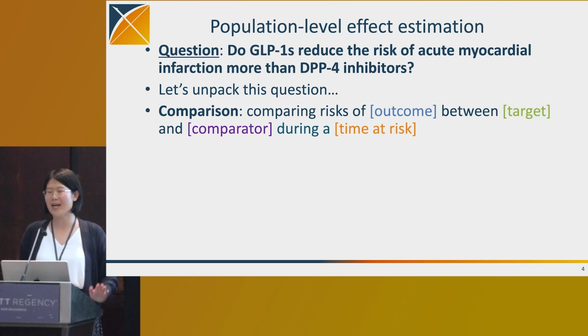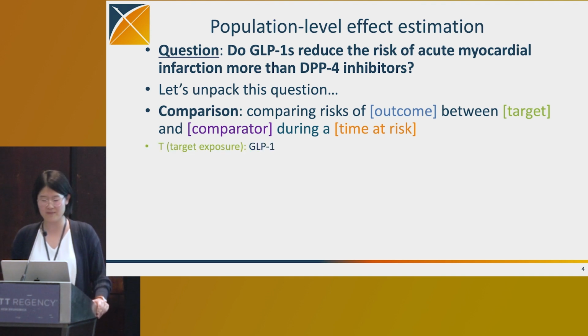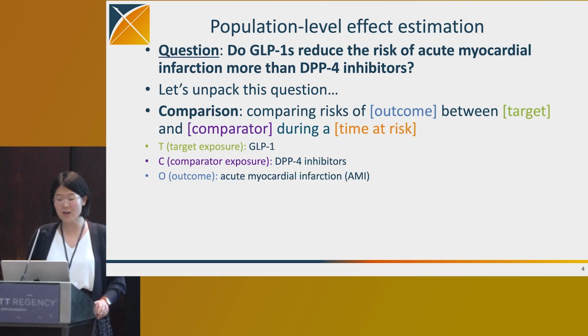If you switch that, that's okay, as long as you know which one is your target, which one is your comparator. And we study at some time at risk, as George mentioned. In our cohort studies, a cohort is not a simple classification algorithm, but we want to know at what period, right, what is the follow-up time. Okay, so you have already helped me identify the target, the comparator exposures, and the outcome of interest.